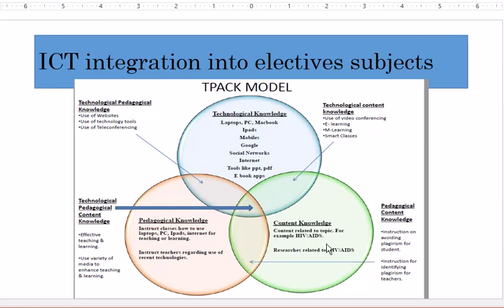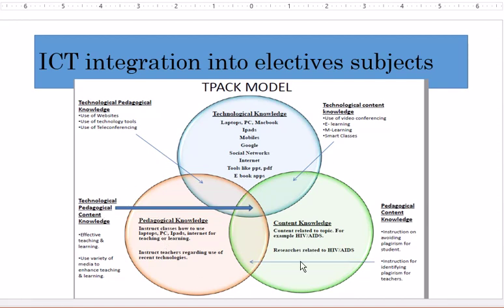Technology always goes along with the content, and it helps to deliver it well. But these three things go together, and therefore we have to aim for this. The best teachers use technological knowledge and pedagogical knowledge to deliver content more effectively, and it eases students' learning.